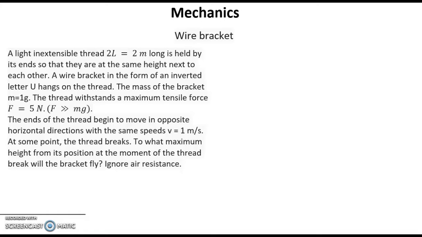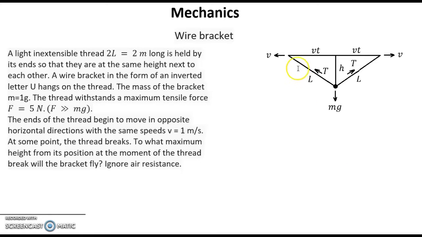So first of all, let's draw a picture. We have the thread in some position after these ends move a distance vt, and now we have a height, the difference between the horizontal and the position of this bracket.